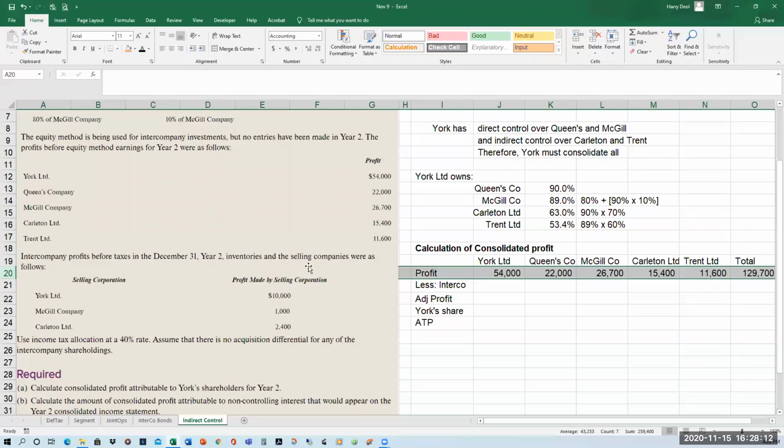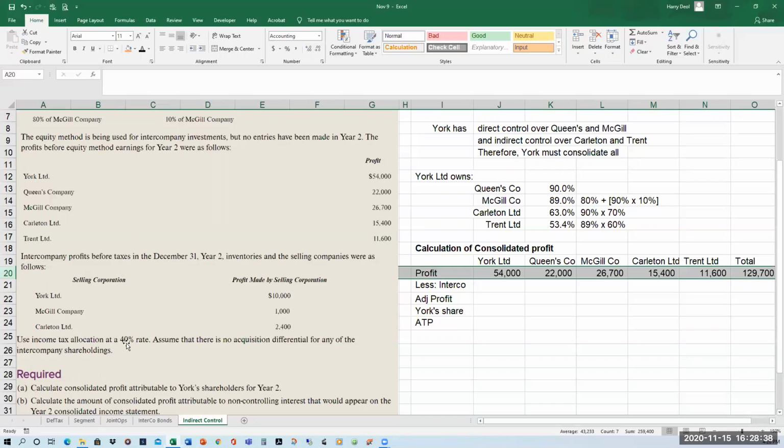The inventories were as follows. York, as the selling company, had made a profit of $10,000 in, well, this is basically unrealized ending inventory profits. So there's an unrealized ending inventory profit of $10,000 before taxes for York, $1,000 before taxes for McGill, and $2,400 before taxes for Carlton.